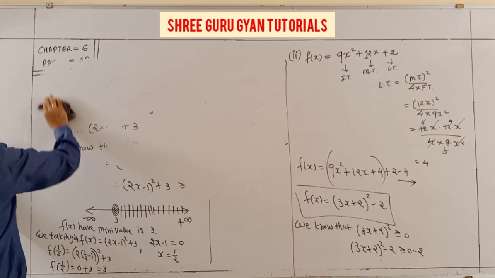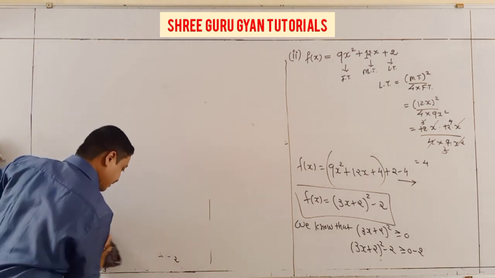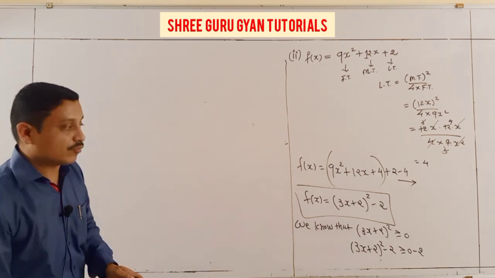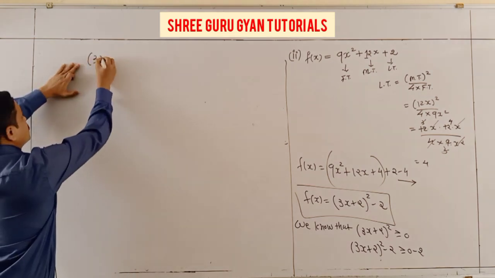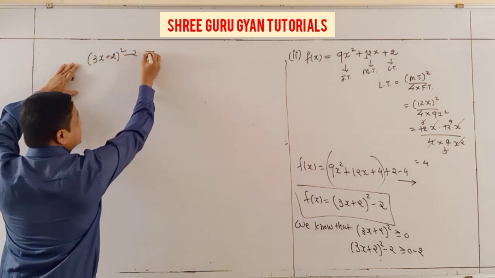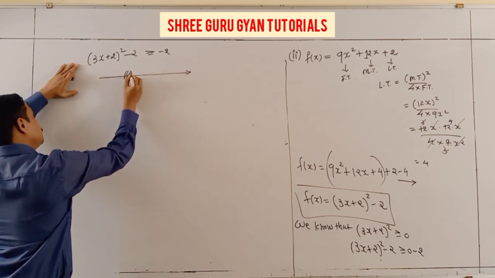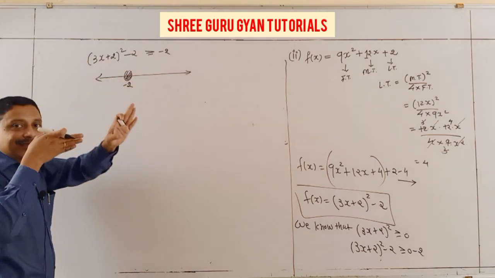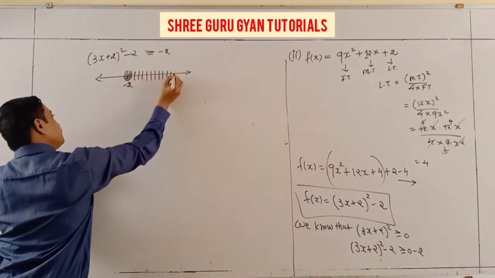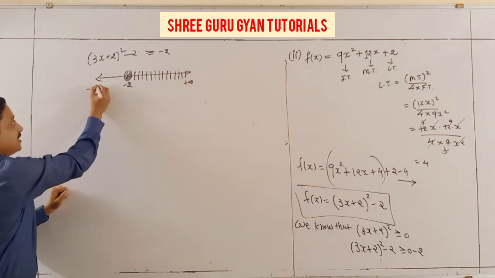Students, always draw the number line properly, then you easily understand your answer. So (3x plus 2) whole square minus 2 is greater than or equal to minus 2. It means from minus 2 it runs to the greater side, plus infinity, and on the other side minus infinity.